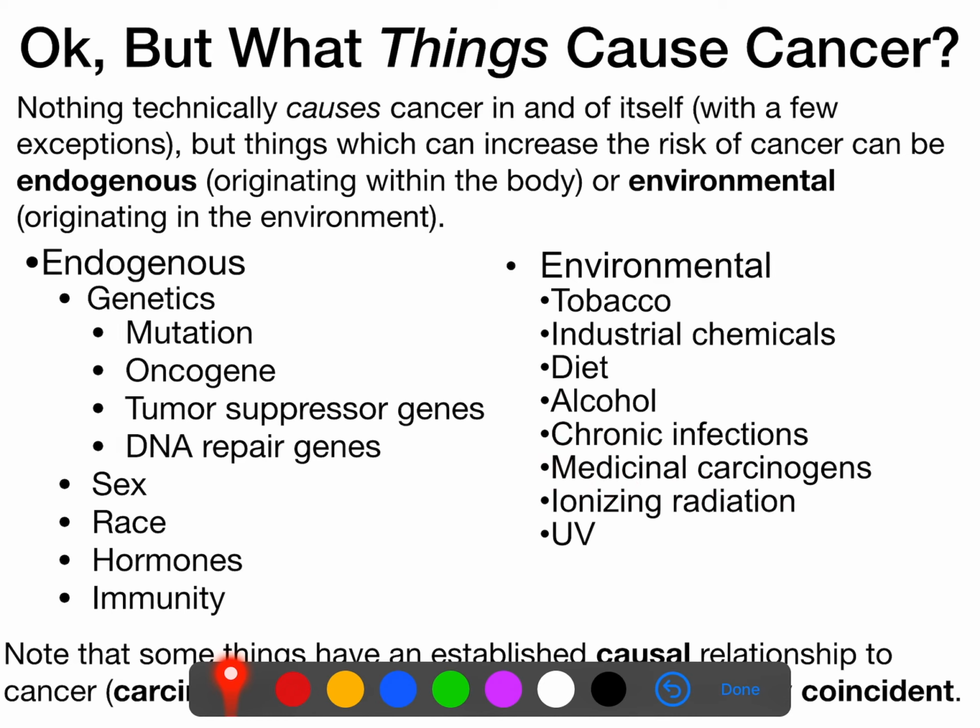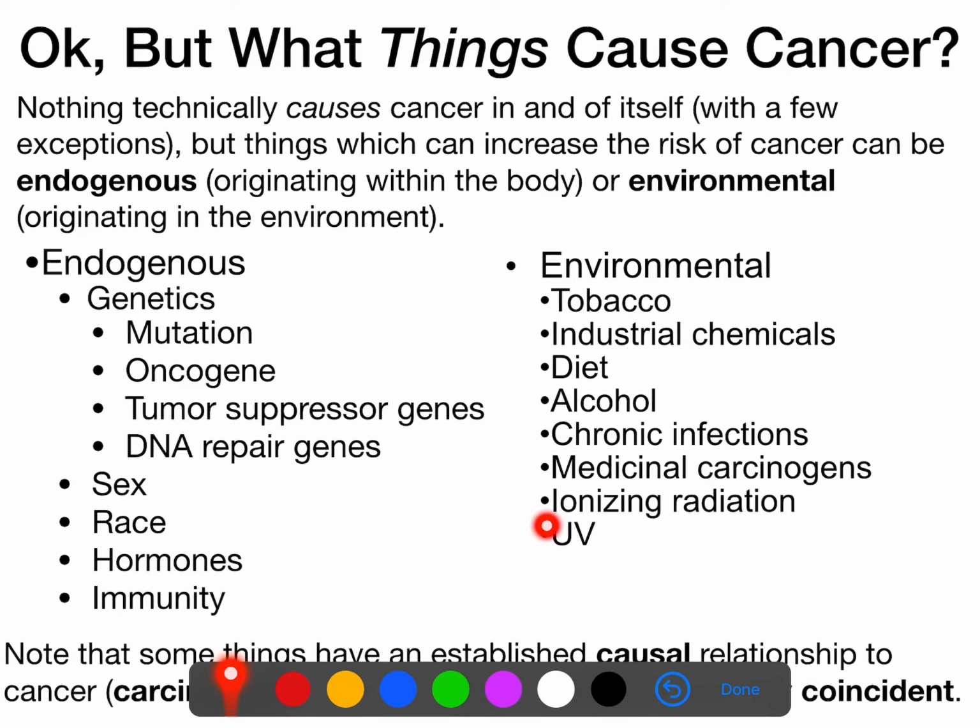Chronic infections, certain things like, say, HPV, potentially herpes virus, Epstein-Barr virus, and other infections can lead to a higher incidence of cancer because they get in your cells and alter your genes. Certain medicines can result in a higher incidence of cancer, either because they might directly cause mutations, but more likely they interfere somehow with your body's ability to repair mutations or your immune system's ability to find cancer.